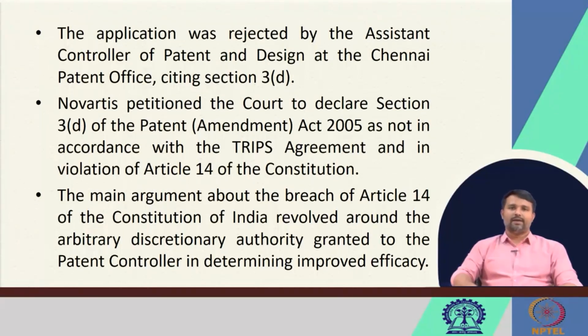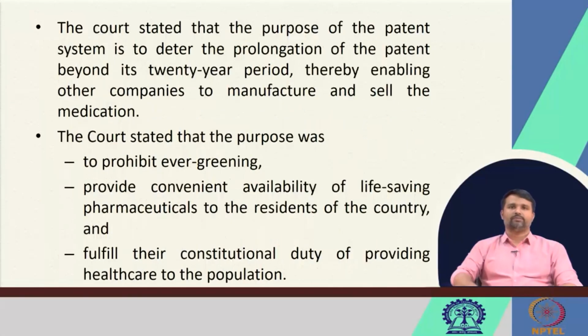But who will decide whether the newly applied drug has improved efficacy or not? The discretion is with the controller of patents. So, the main argument is that the grant of this arbitrary discretionary authority to the patent controller in determining improved efficacy violates Article 14 of the Constitution of India.